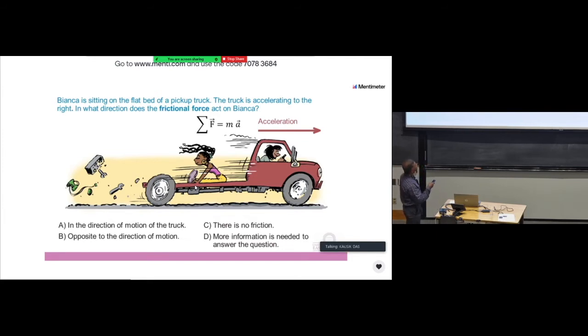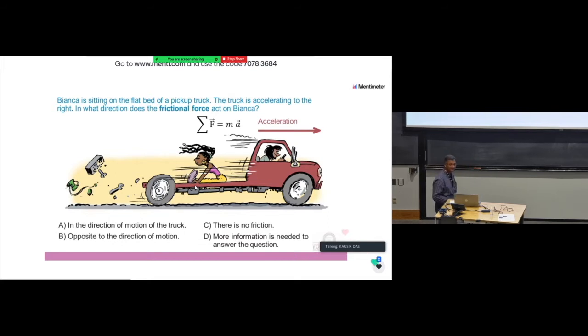What does Newton's second law say? The net force acting on Bianca, who is the point particle here, is mass times acceleration, the mass of Bianca times the acceleration of Bianca. Now you are standing by the side of the road, looking at Bianca. What is Bianca's acceleration?